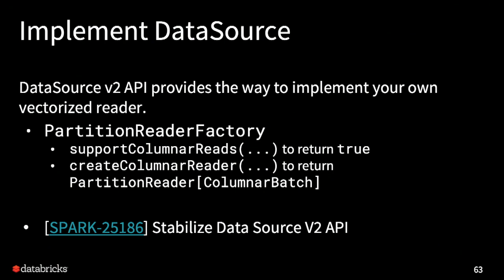It exposes Spark's internal columnar batch API so that readers that wish to pass columnar data into Spark SQL can do that easily without any tricks. The data source v2 API is still evolving, but it'll be generally available in Spark 3.0. I won't be diving too deep into the data source v2 API itself, but you can keep track of what's going on in that Jira ticket.